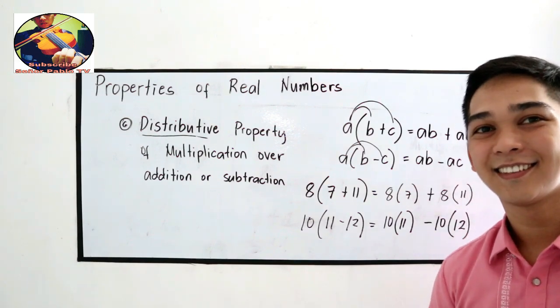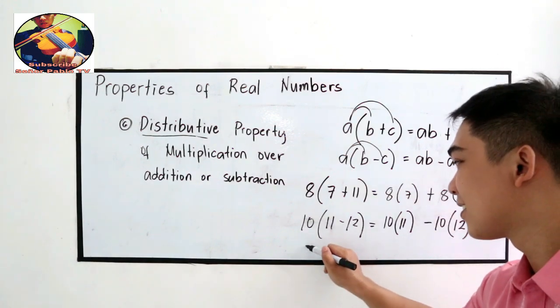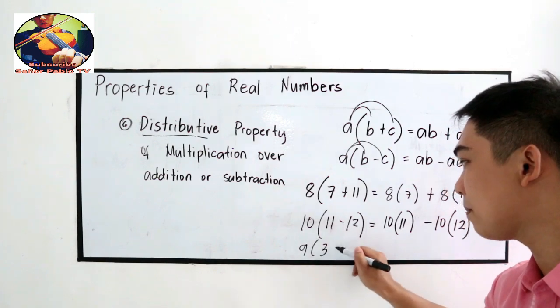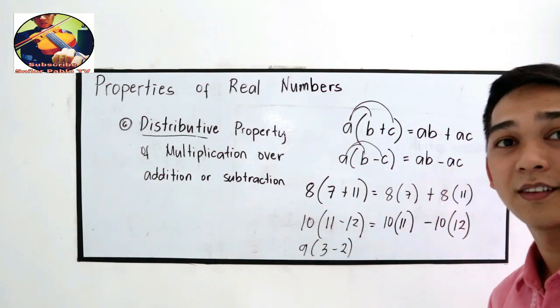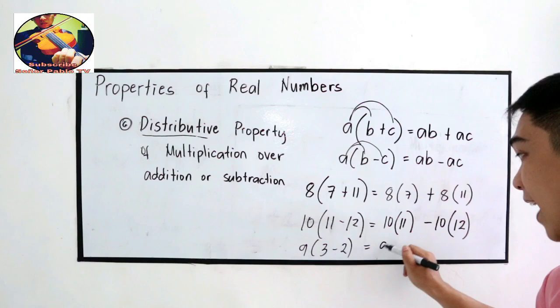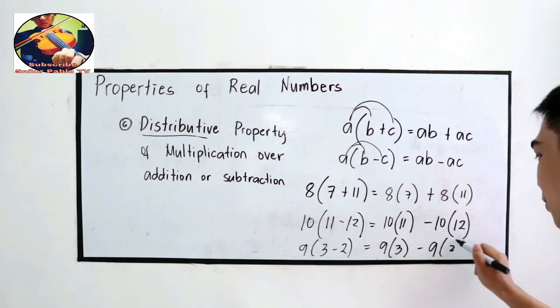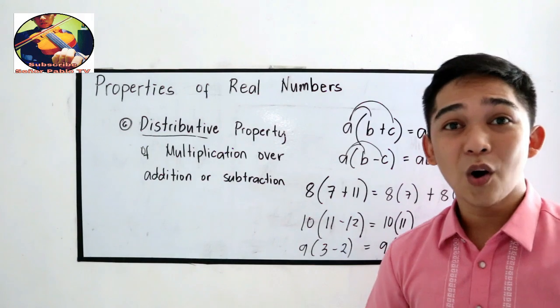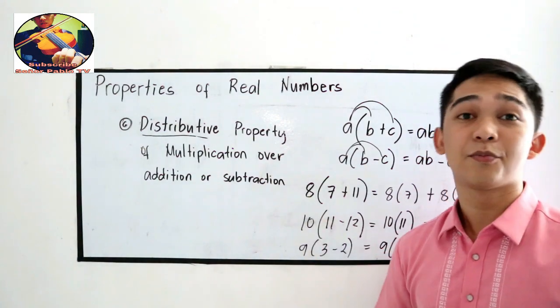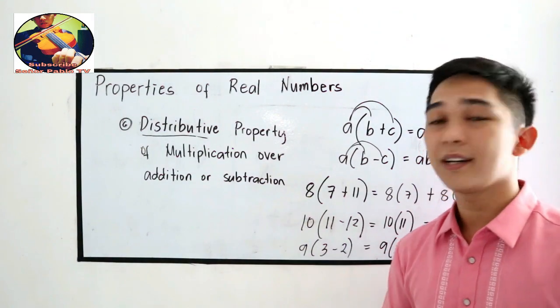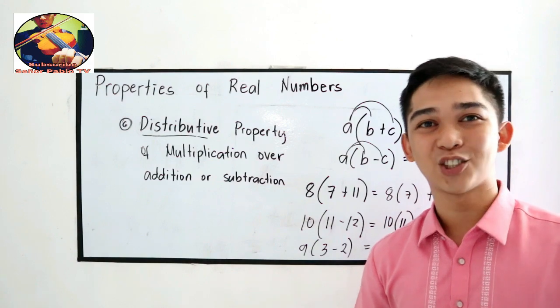Ayan. Last, 9 times 3 minus 2. So, equal lang yan sa 9 times 3 minus 9 times 2. So, ayan po ang ating distributive property of multiplication over addition or subtraction.